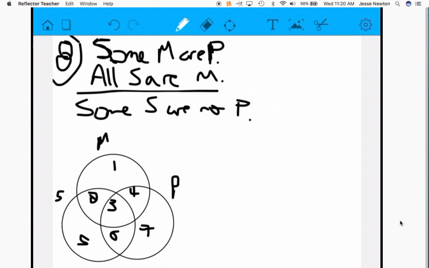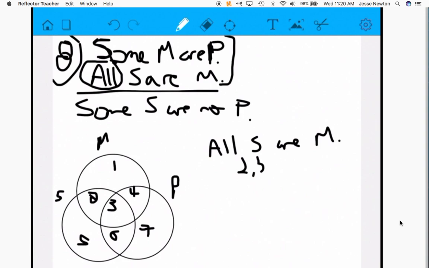So we have to diagram the combined premises. And like I've said many times, you begin with the premise that has a universal quantifier. So we're going to begin with all S are M. S contains 2, 3, 5, and 6, whereas M is 1, 2, 3, and 4.